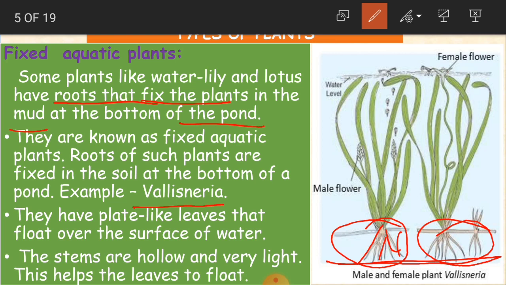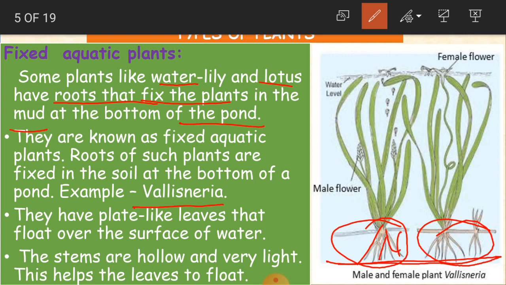Not only water lily and lotus, another plant is Vallisneria. We have so many, but we are naming some for you as examples. They are known as fixed aquatic plants. Roots of such plants are fixed in the soil at the bottom of a pond.